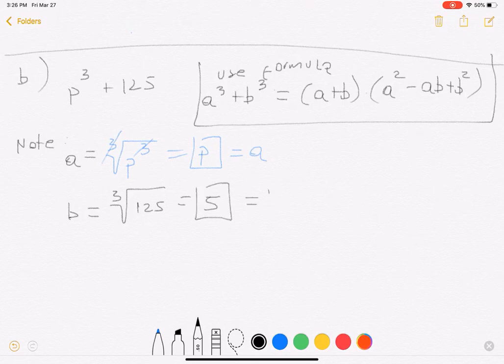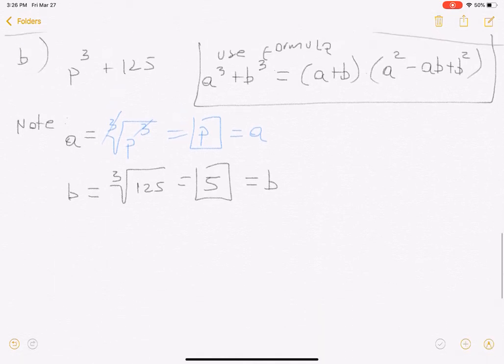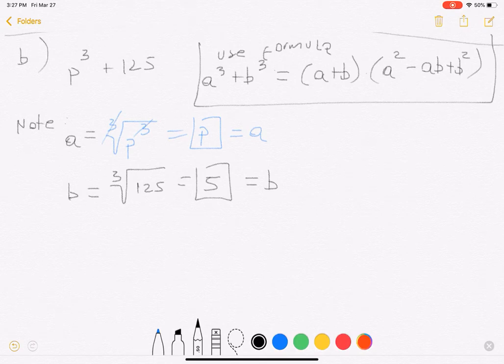So this is b. Now we can just plug it into the formula. So technically what we have here, p to the third power plus 125, is the same as p to the third power plus 5 to the third power. So we're going to use the formula.